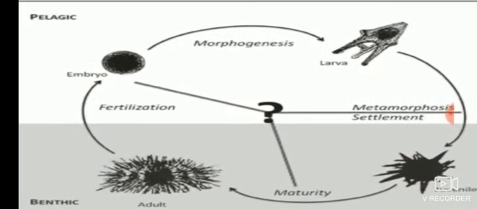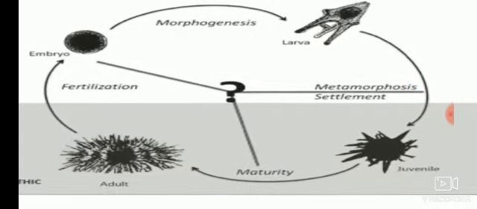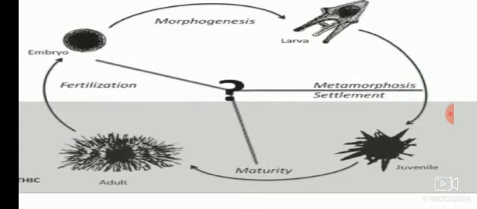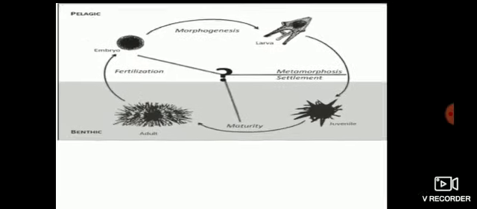By morphogenesis, this embryo is converted into the larva at the juvenile stage. After some maturity and some physiological changes, this juvenile stage larva is converted into the adult again, and the cycle goes on.